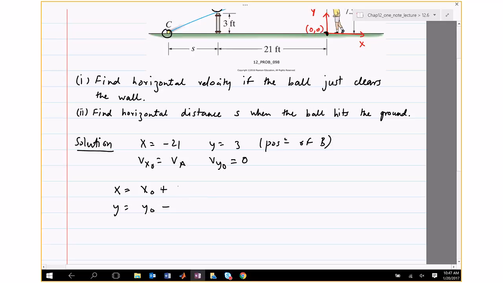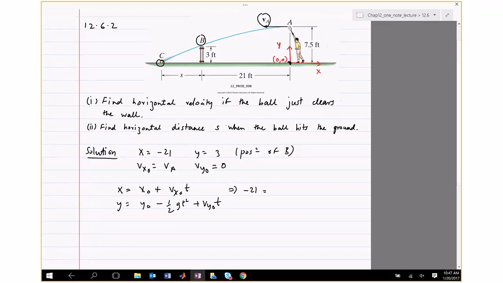So x0 plus vx0 times t, and the y position is y0 minus half g t squared plus vy0 times t. Okay, so this gives me x is minus 21 equals x0. I forgot to write x0, so let's just write that.